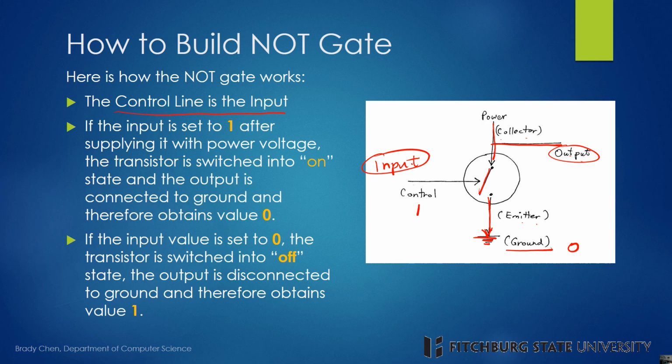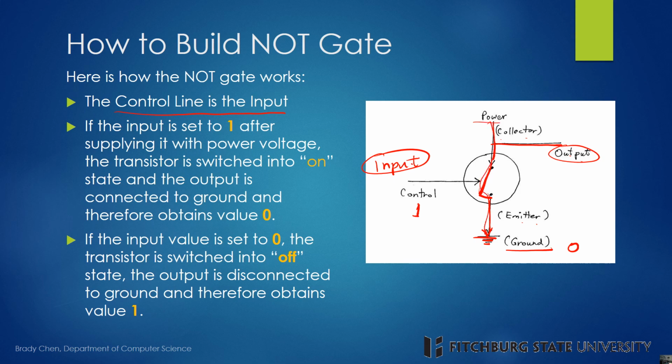So now let's see how it works. Suppose we set the power on the control line, so that means the value is 1. If the value is 1, the switch is going to be connected, so the collector line and the emitter line will be connected and the power is going to pass through.